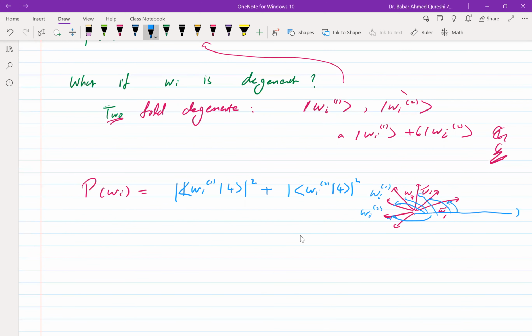And you can also write it in the following way. You make the projection vector, project it onto the corresponding eigenspace, and then you just compute the probability from there.